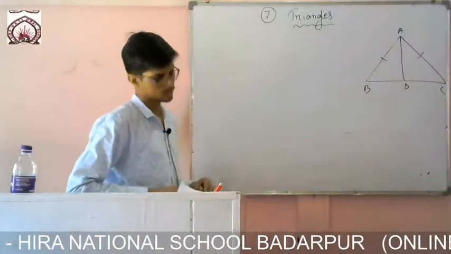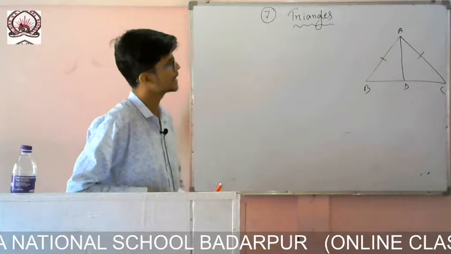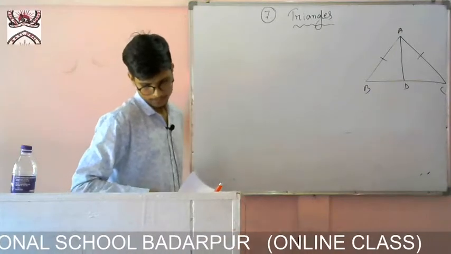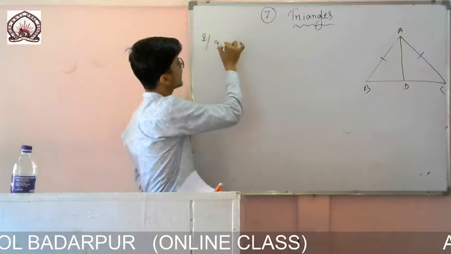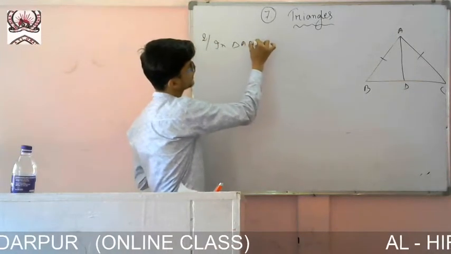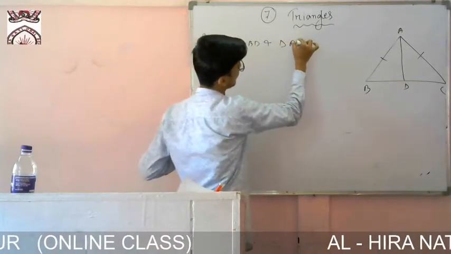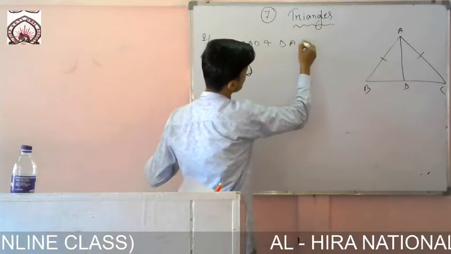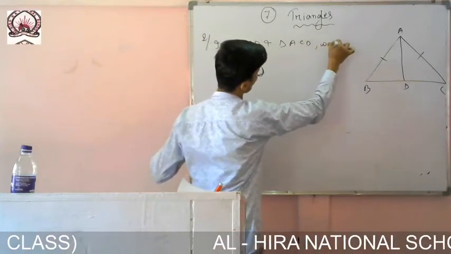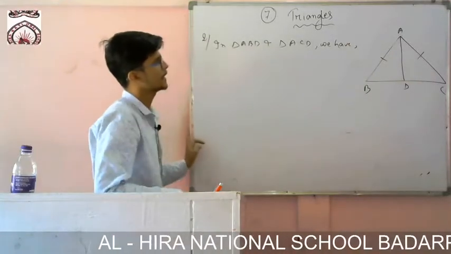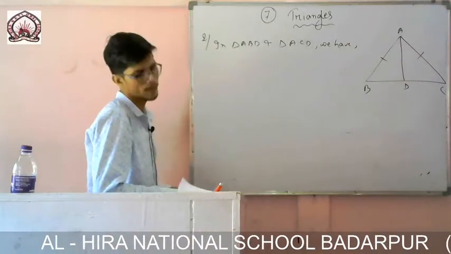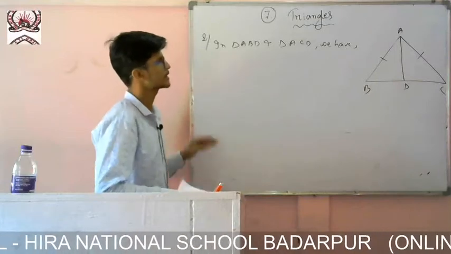So first of all, I will take triangle ABD and triangle ADC. First of all, I will prove that these two are congruent. In triangle ABD and triangle ACD, we have that these two sides are equal.